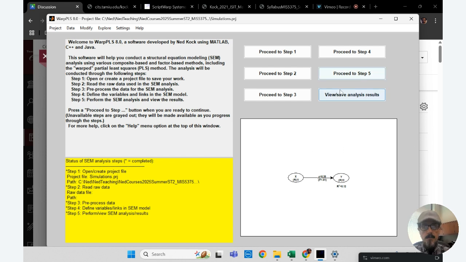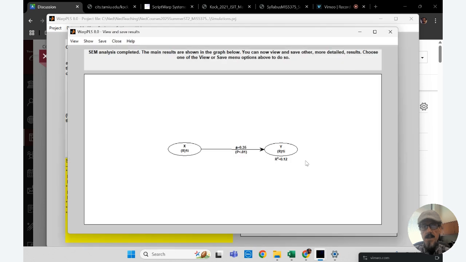To demonstrate this, I created a data set and conducted an analysis, and I created the data as linear. I created this data set using Excel. Normally I use a more sophisticated method called the Monte Carlo method, but this one I created with Excel. Two variables, y and x, linearly related.